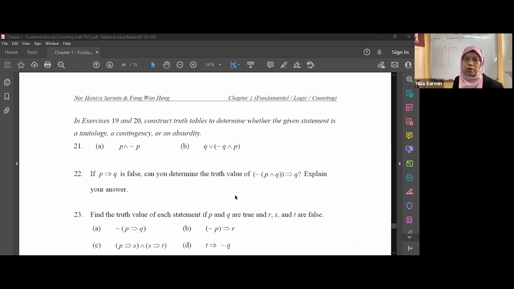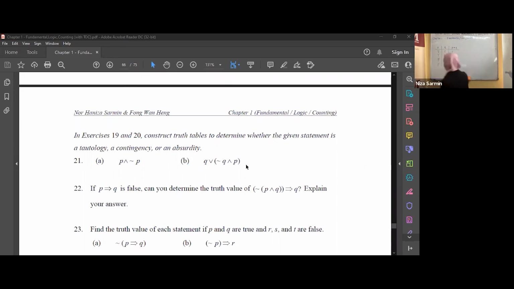P implies Q is false. Do you remember? Only time is false is this, right? The only time is false. If P implies Q is false, that's the only way, right? P is true, Q is false.